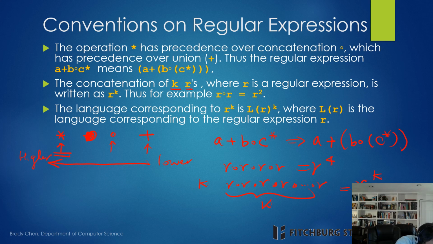And the language corresponding to R to the k is L of R to the k. L of R is the language corresponding to the regular expression R. So that's the convention for these three operations.